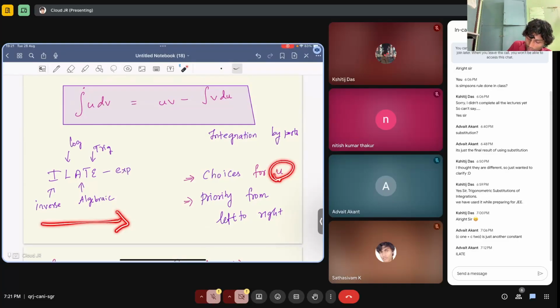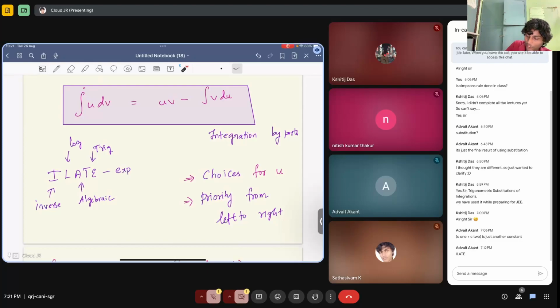So, for example, exponential is of the least priority to choose as u, because the exponential function works much better as dv, because it comes in the front and it's very easy to integrate the exponential function here. Okay, so that was the idea.